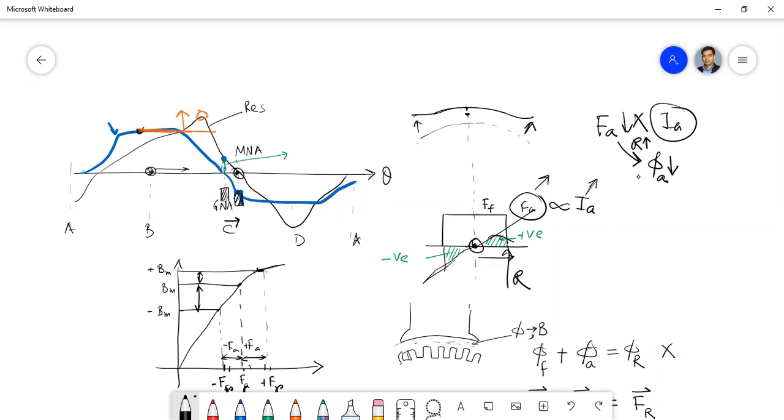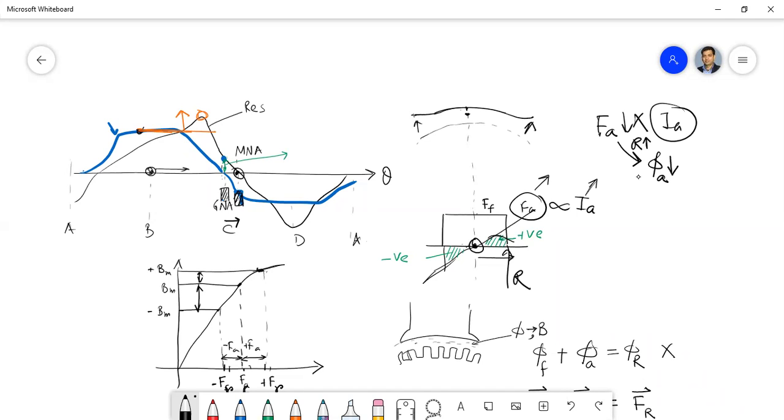Yes sir. To put it better, we are actually not trying to change the shape of the armature flux. What we are doing is trying to shape the resultant flux. How are we accomplishing that?